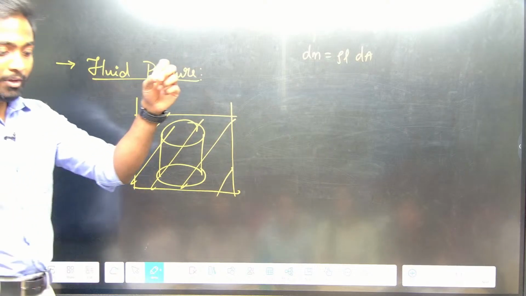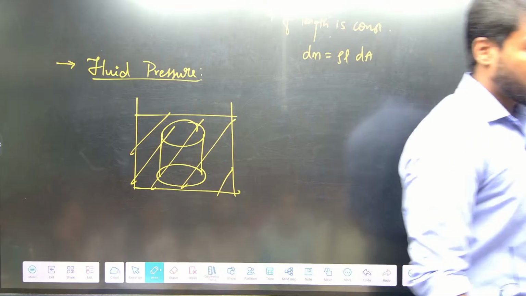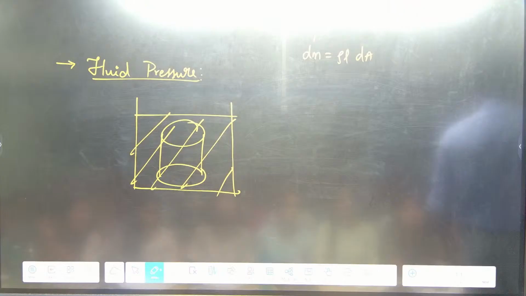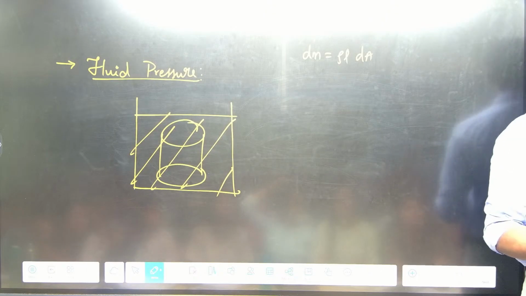If I keep an object, any object, from the top the weight, the gravity, will try to push it down. So one force is acting upward and the other force is acting downwards. Yes or no? And what will be the weight of the object? mg. That also will be acting downwards. Any doubt up to this?